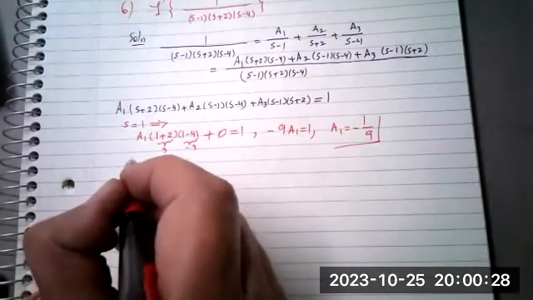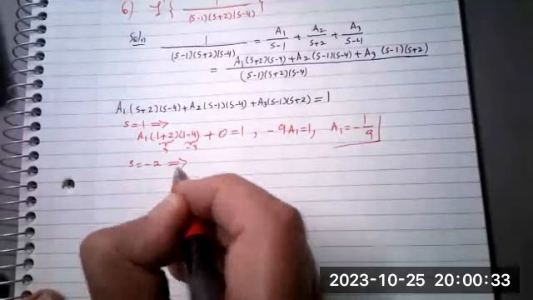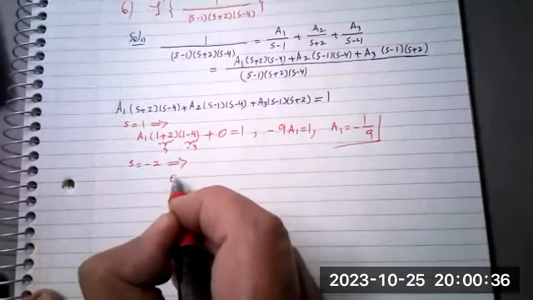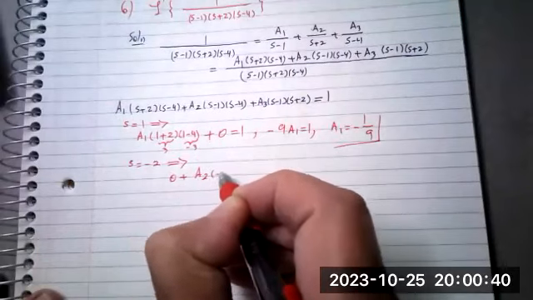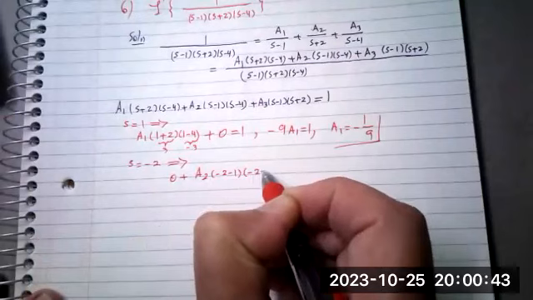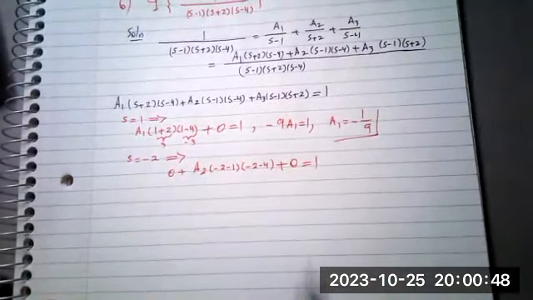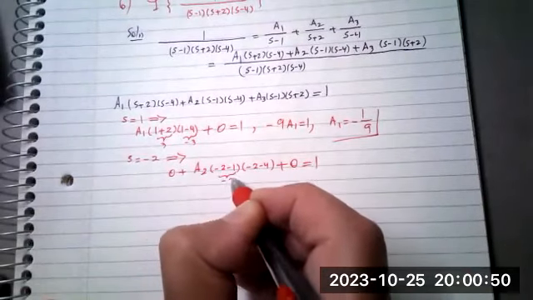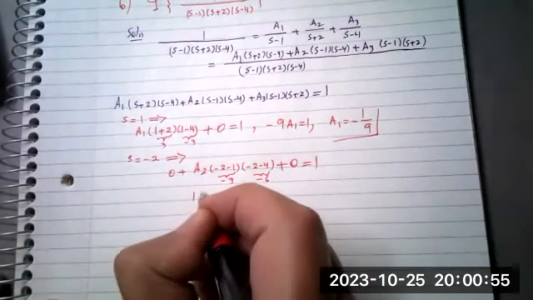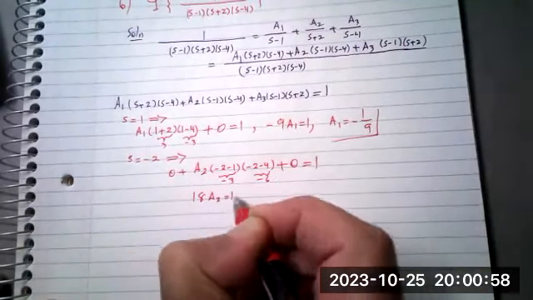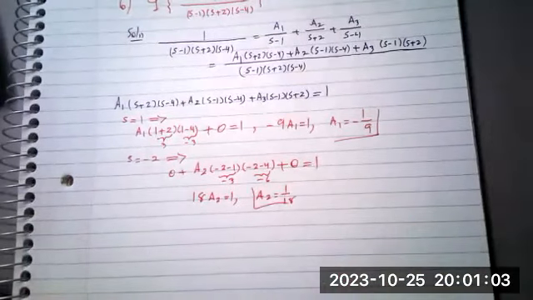Go back. Second number: s equal to negative 2. For negative 2, the other terms would be 0. You have to substitute here. It will be A2 times (negative 2 minus 1) times (negative 2 minus 4), the other ones being 0, equal to 1. So that gives you negative 3, and this would be negative 6, and negative 3 times negative 6 is 18. 18 A2 equal to 1, so A2 would be 1 over 18.